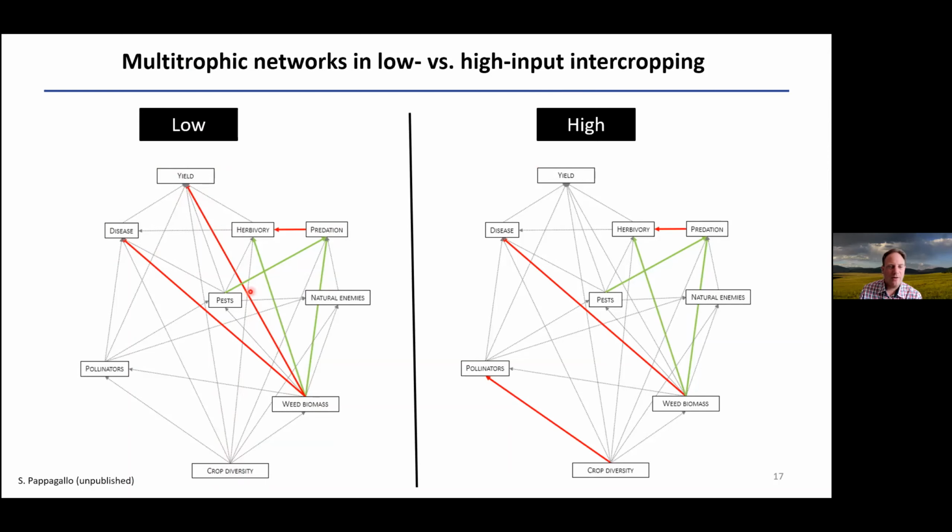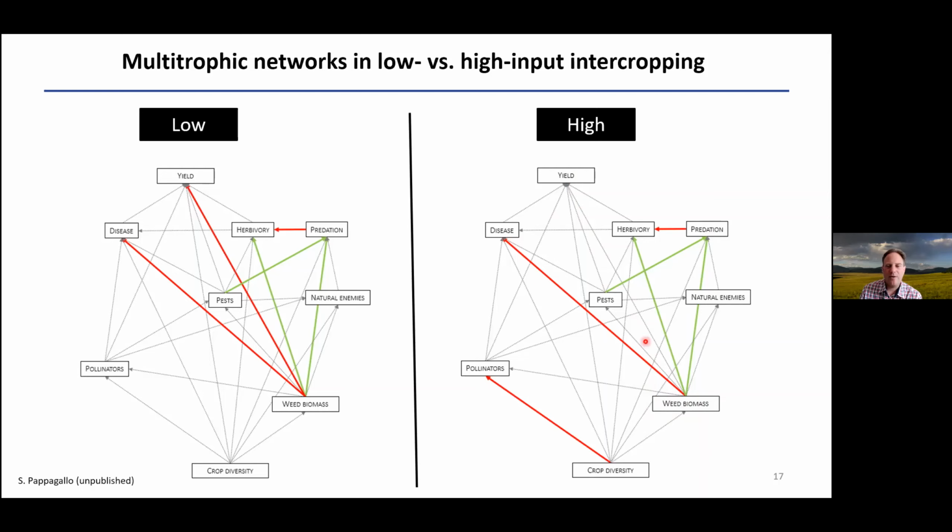And what you can see in the low input system, because there is no herbicide being applied, weed biomass has a negative effect on yield, of course, as everybody knows. In the high input system, this arrow is not there anymore because there is basically no weed biomass anymore.